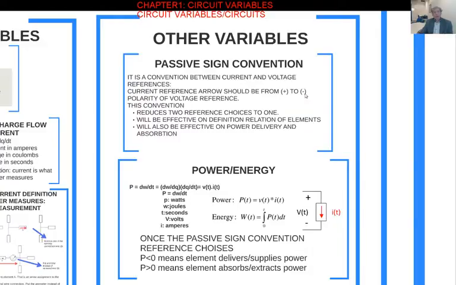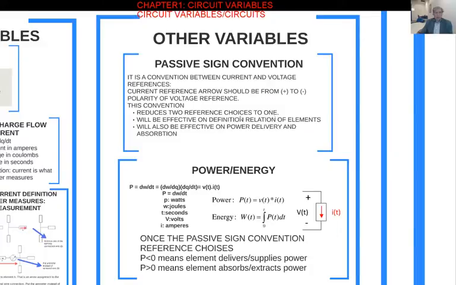We could also do the other way around. If we know the current reference of an element, then according to this convention we can find the voltage reference. At the beginning of the arrow we put plus, and at the end of the arrow we put minus. So this convention reduces two reference choices to one.